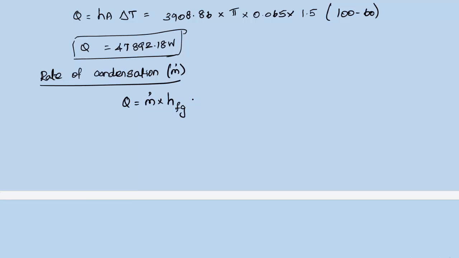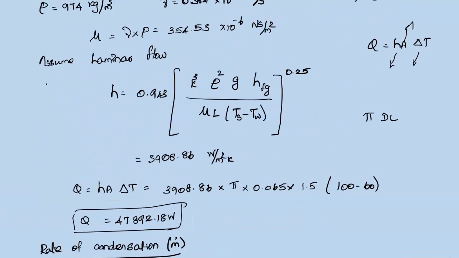So now you know the value of Q, and HFG value is already taken from the data book, which is equal to 2256.2 into 10 to the power 3. So substitute these values, you will get the m dot value as 0.0212 kilogram per second.